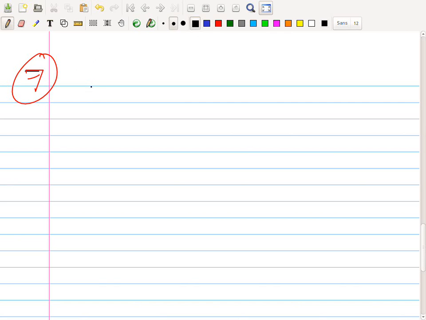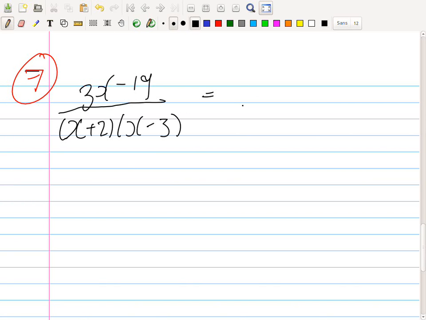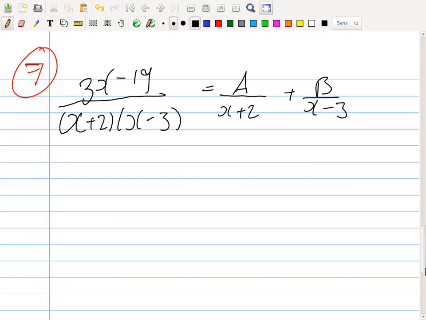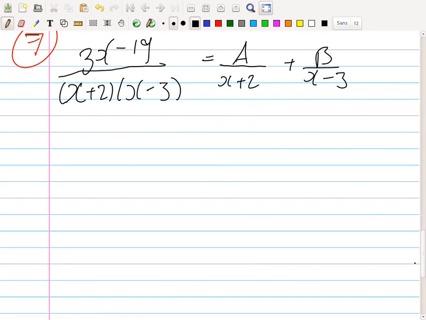They should be straightforward. So you have 3x minus 19 over x plus 2 times x minus 3 equals A over x plus 2 plus B over x minus 3. Now, we do our multiplication.